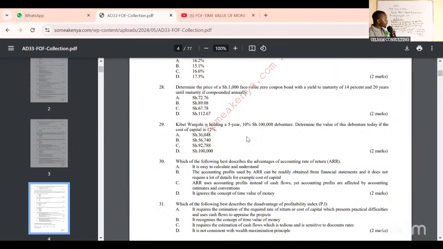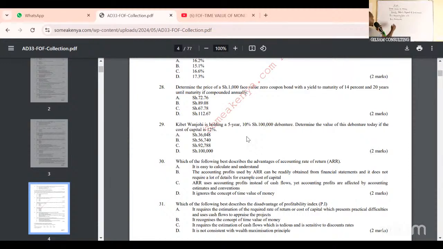You have been told to determine the value of the debenture today. The value of the debenture is the present value of the debenture today, which is the PVIFA times the future value.